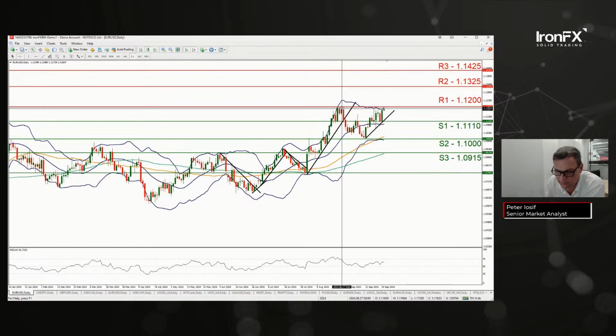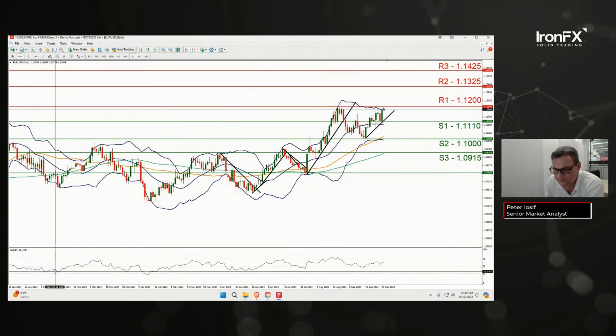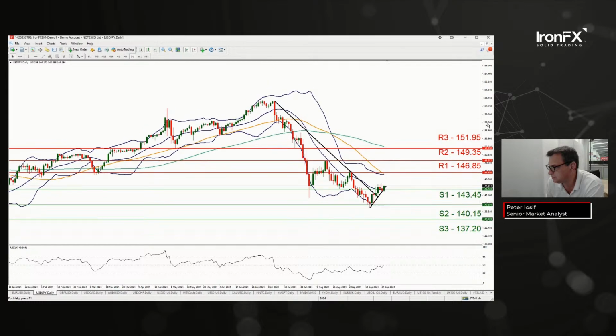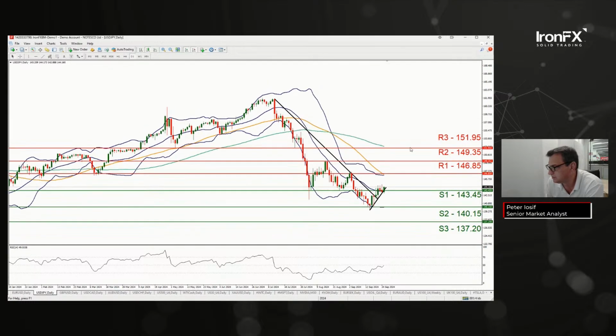Let's have a look at the second pair, which would be USD-JPY. USD-JPY dropped yesterday, yet today rose substantially. And the test seems to be shifting the upward trend line to the right, like this.